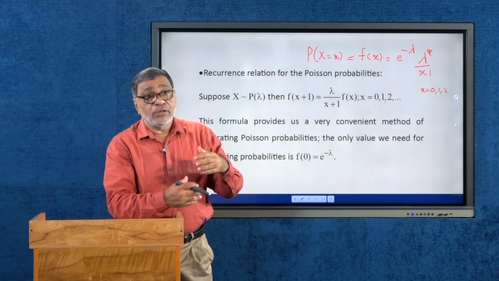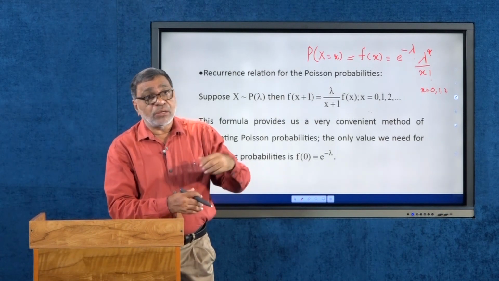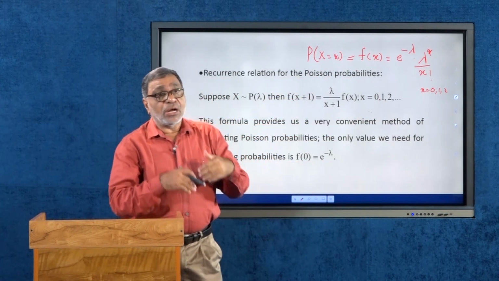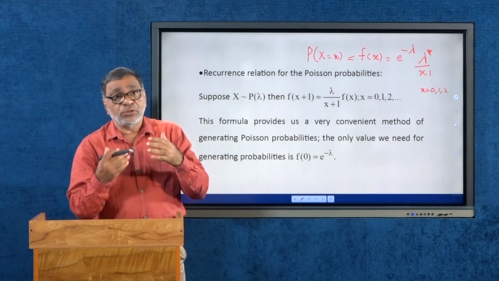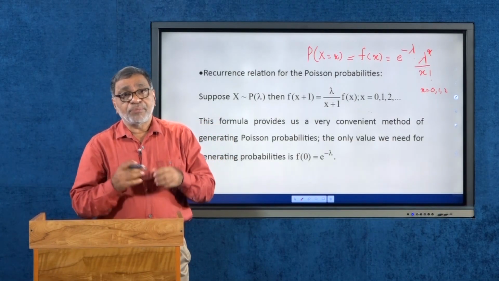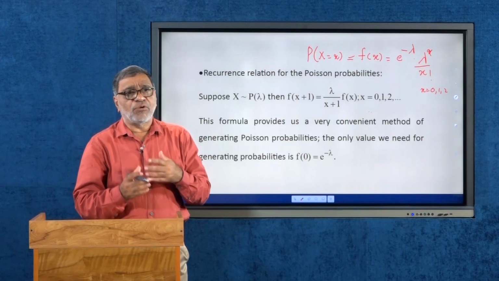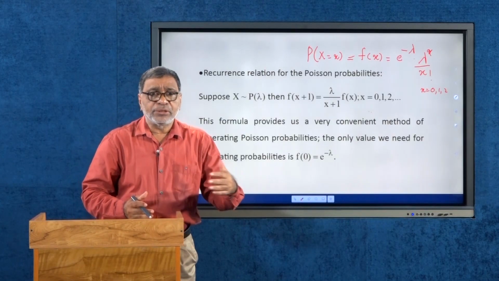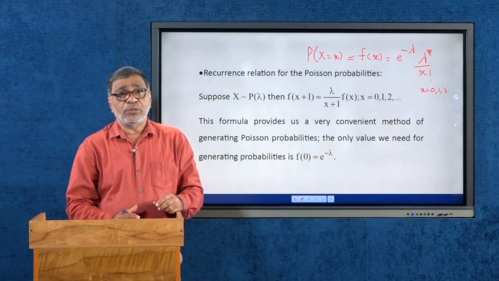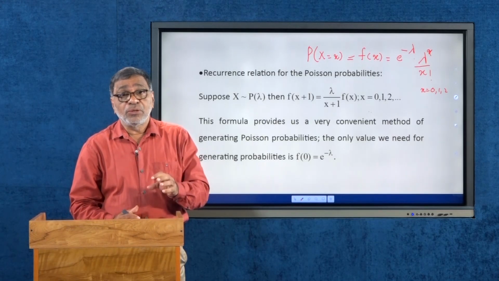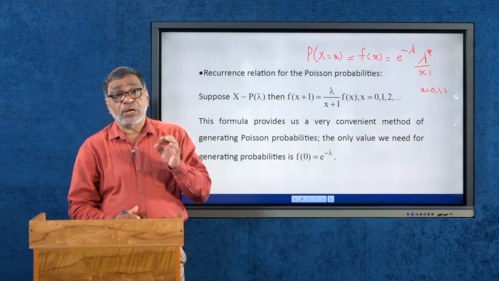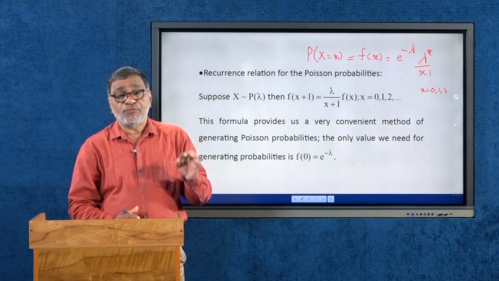Instead of finding Poisson probability values from this, we are introducing a formula that provides us a very convenient method of generating Poisson probability values, if we know the value e power minus lambda. E power minus lambda is our f of 0.